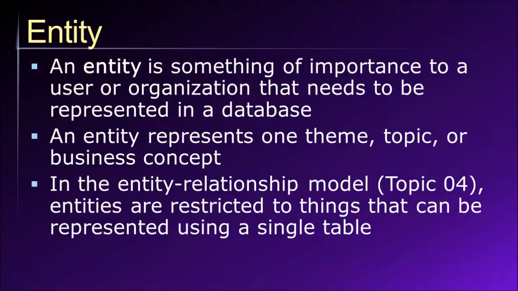For example, an employee might be an entity, a department might be an entity, a project might be an entity. Each of these is a single business concept about which we might want to track information on several different attributes.